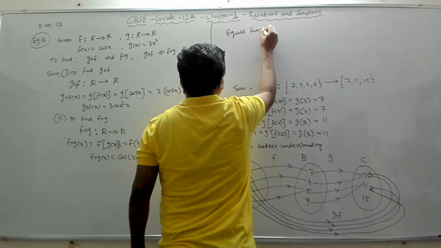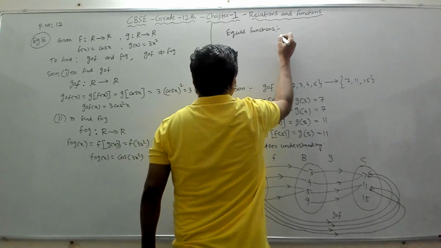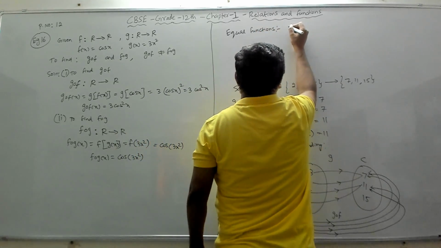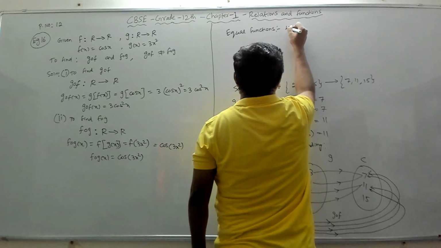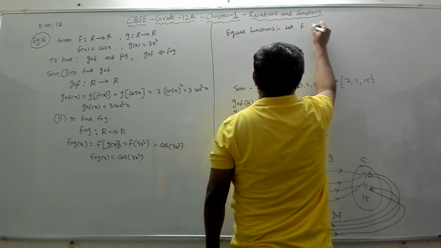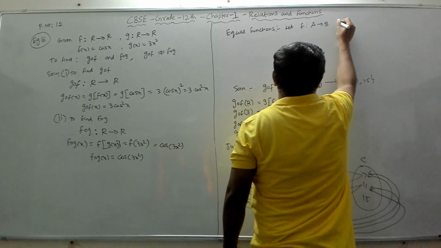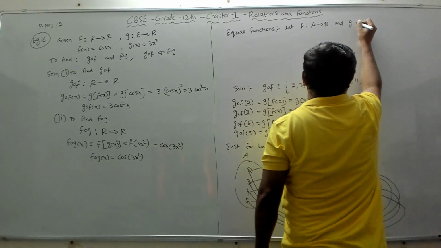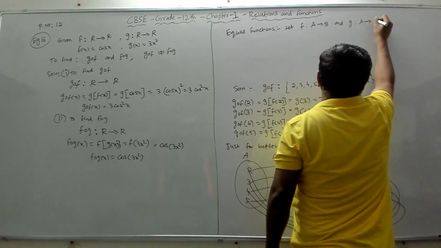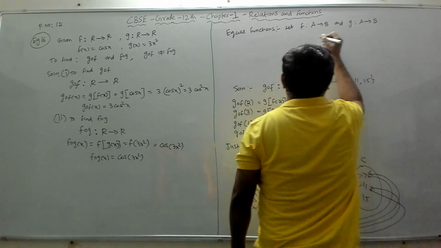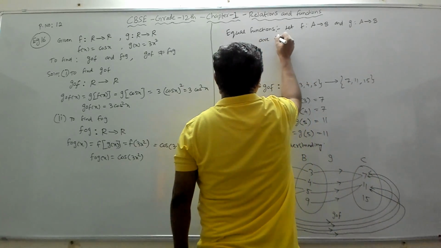Equal functions. Now we'll say: let f, a function from A to B, and g, a function from A to B, be two functions.